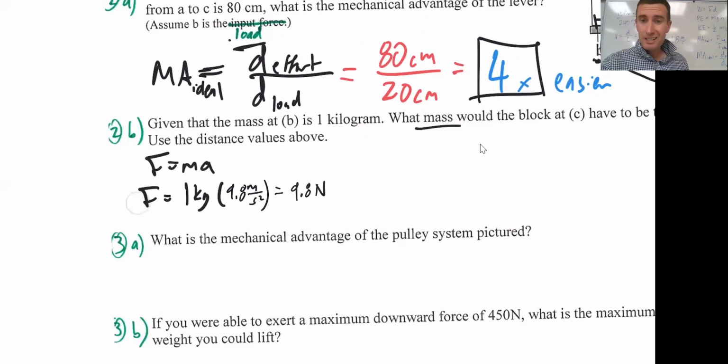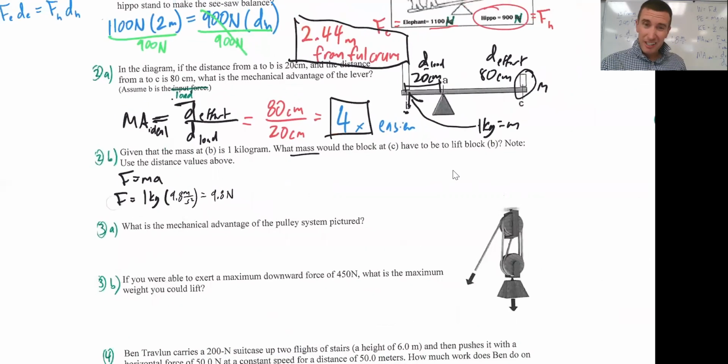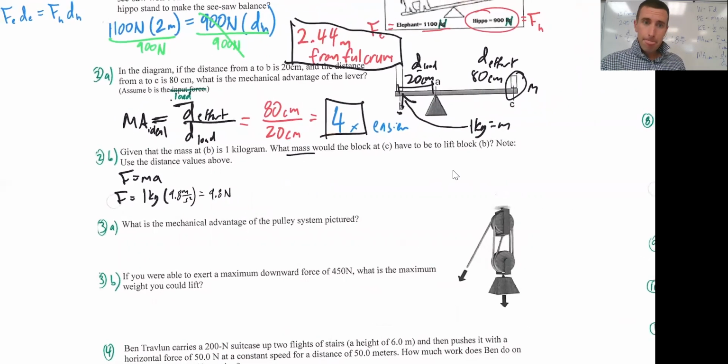So there's 2 ways to look at this. The first way is I could just think logically. At B, the load here is 1 kilogram, and it's 4 times easier. So what would be 4 times easier to lift than 1 kilogram? It would be something that's 4 times lighter than 1 kilogram.